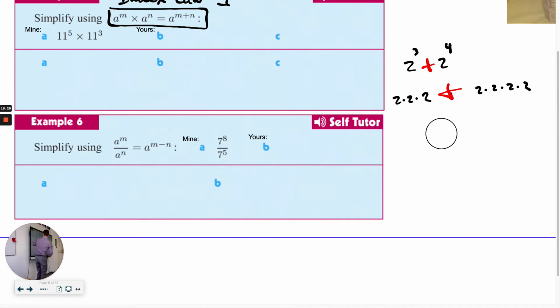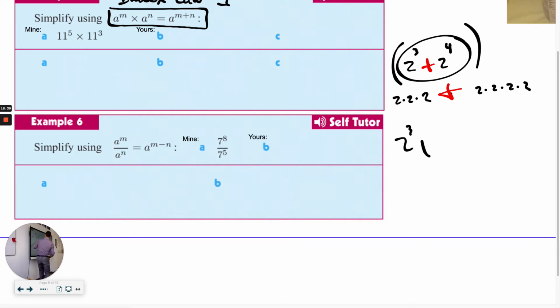So you have to leave this as this. Maybe you could simplify it by factoring out a 2 cubed, and what's left over is 1 and a single 2. You pull 3 of these 2s out of each, and you're left with a 1 as a placeholder there and this lonely 2. You could do something like that, right?